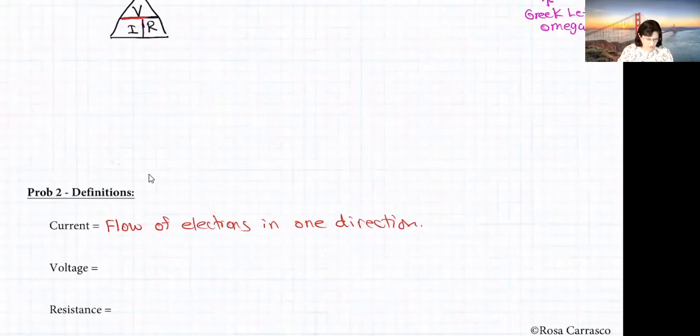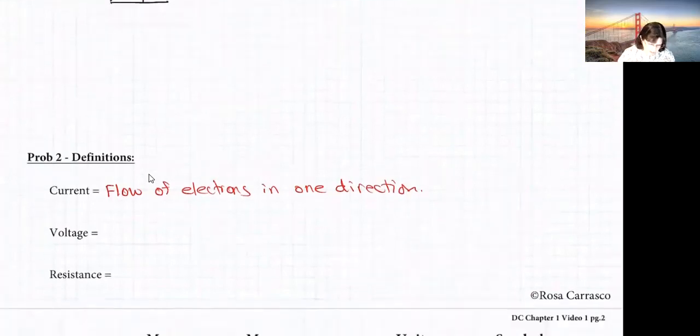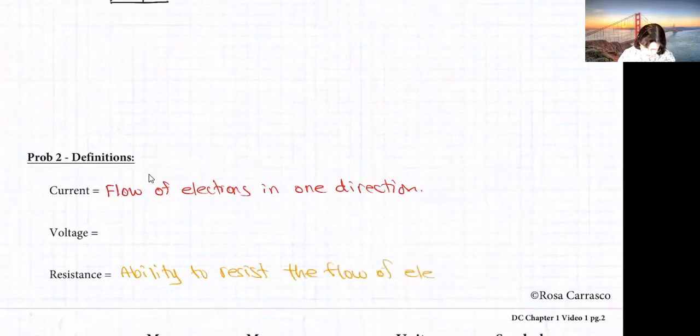Then we're going to talk about resistance. Resistance is the ability to resist the flow of electrons. How does this compare to my water analogy? Think about a river.